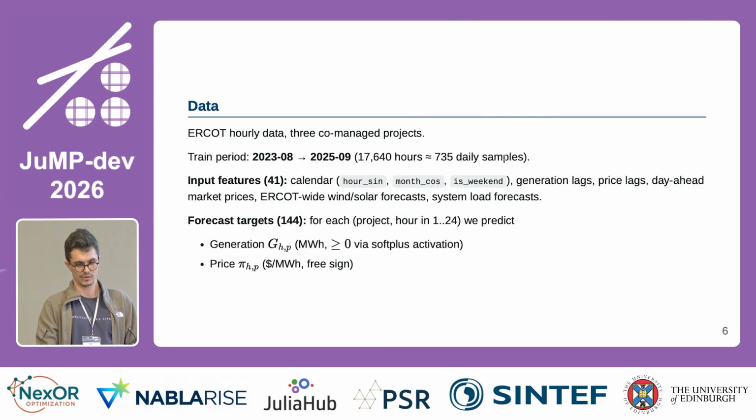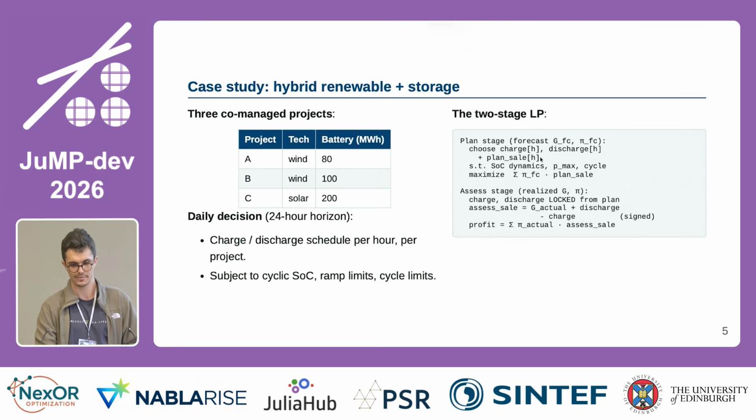And for our forecasts, we can see it right here. For this problem, we actually have to forecast 2 major parameters. We need to forecast the prices of the energy for the 24-hour horizon, but also we are doing hybrid renewable plus battery, so we also have to forecast the generation from the renewable plant.